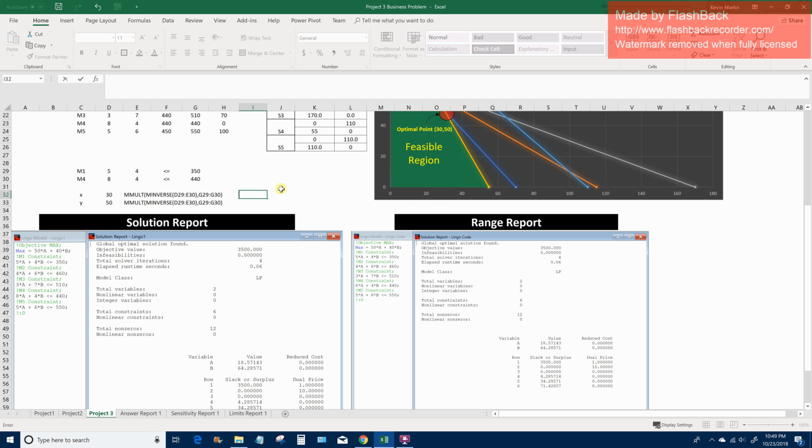I'm sorry, let me try this one more time. You have to highlight, this is important, 2 cells before you get into doing this formula. So again, MMULT, matrix multiplication, okay, perfect.